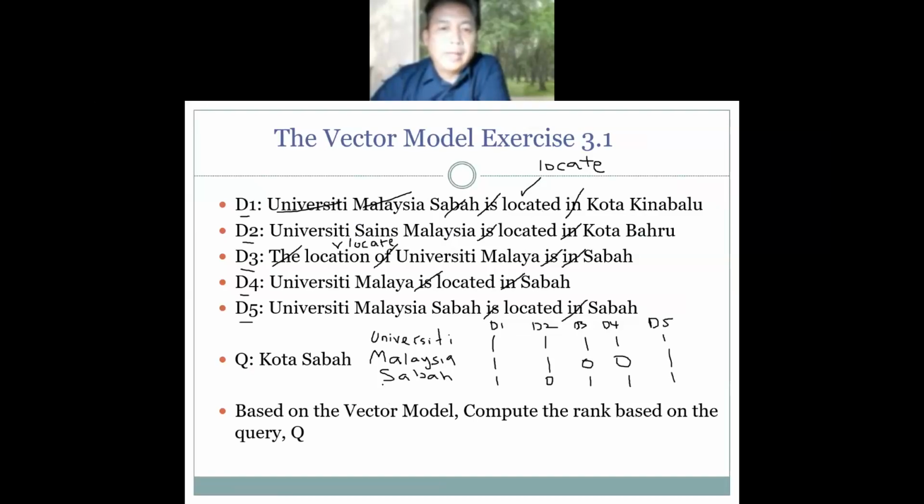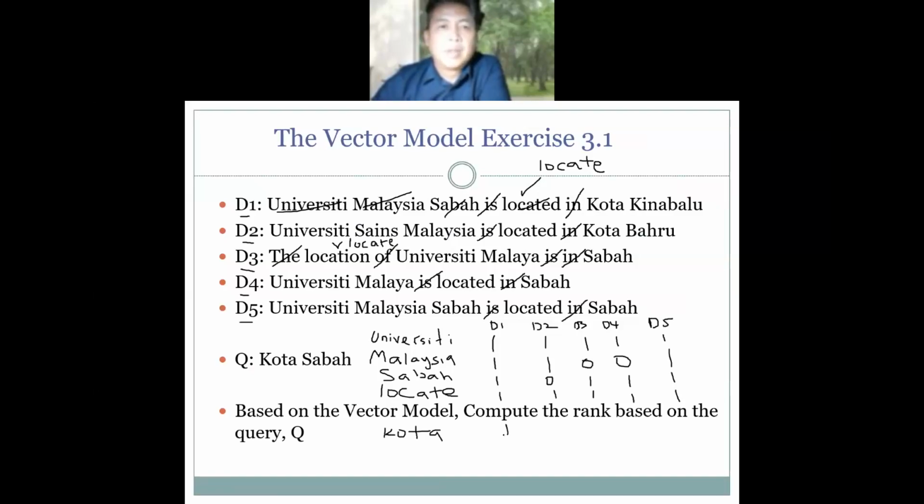Okay, and then we have locate. So locate, we have 1 in document 1, 1 in document 2, 1 in document 3, 1 in document 4, and 1 in document 5. Okay, and then Kota.